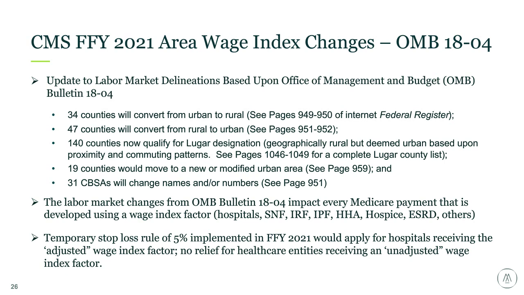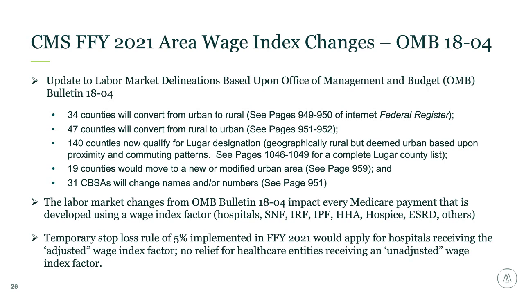So as you can see on your slide, we have 34 counties that are going to convert from urban to rural status. 47 counties will convert from rural to urban. 140 counties now qualify for the Lugar designation. 19 counties are going to move from a new or modified urban area. And 31 CBSAs will change names and or number designations. So a lot of change here.